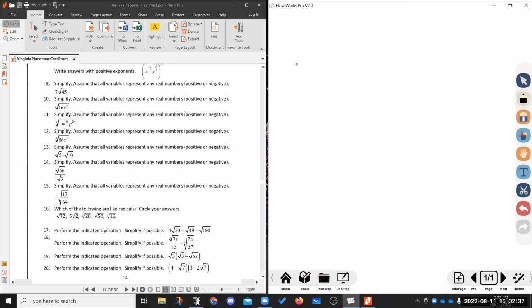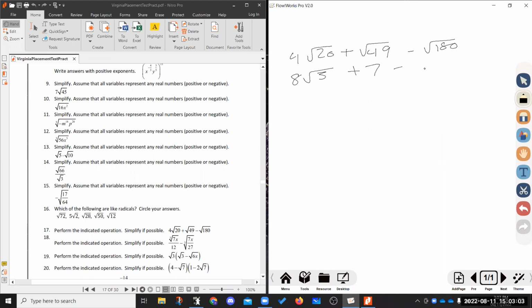Now we're going to have to simplify and see which parts are alike and add or subtract my like terms. So this is going to be 4 times 5 is 20. Square root of 4 is 2. 2 times 4 is 8. Leaves the 5 on the inside. This is just a perfect square.